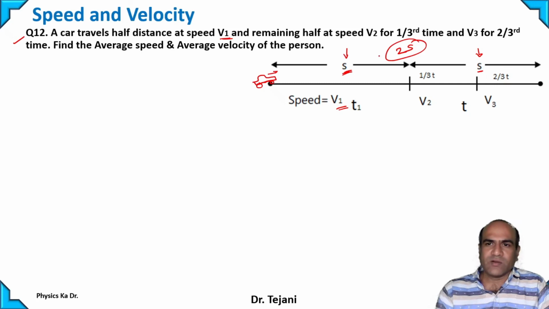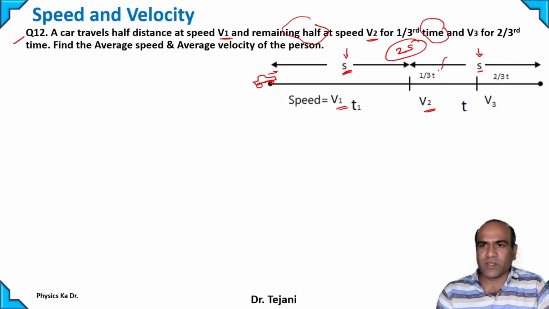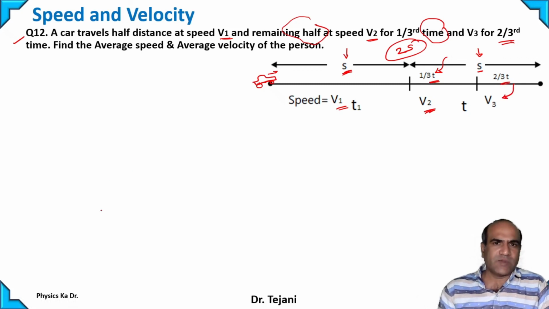Now for the remaining half, it is mentioned that for the first one third time the speed is v2, and for the remaining 2/3 of the time the velocity is v3. Find the velocity and the speed of the person.